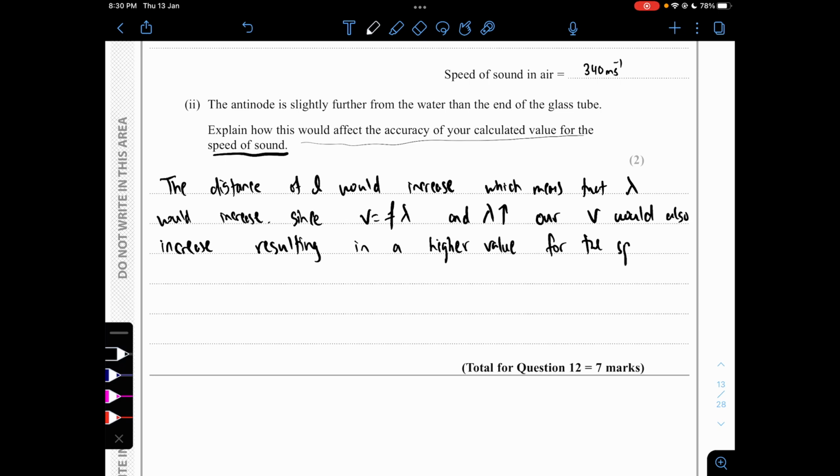Now, is this more accurate or less accurate? If you're further away from what it's supposed to be, and it's supposed to be 330, and just going above it, that means it's less accurate.